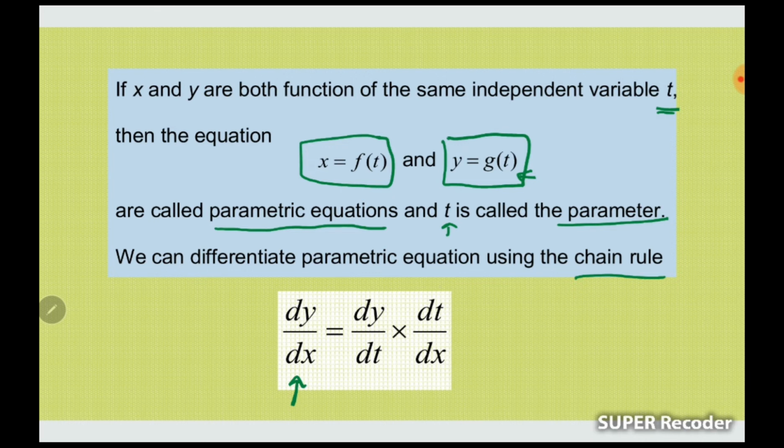You need to differentiate x with respect to t, and y with respect to t also. So the equation for dy/dx is given as dy/dt multiplied with dt/dx.